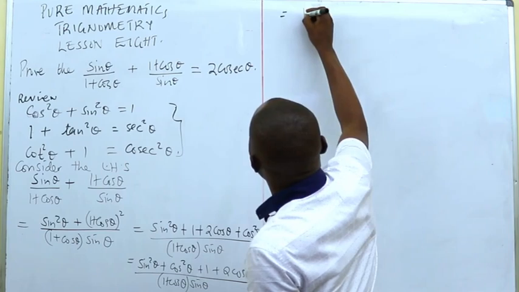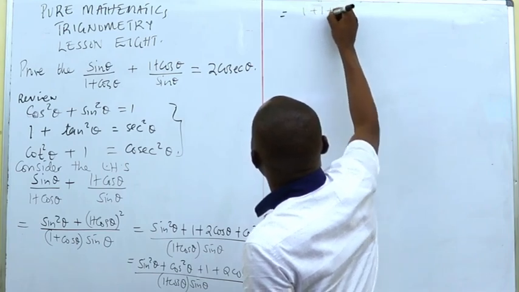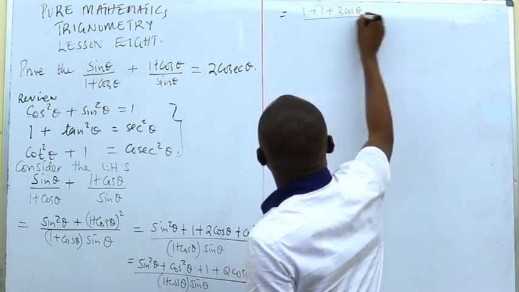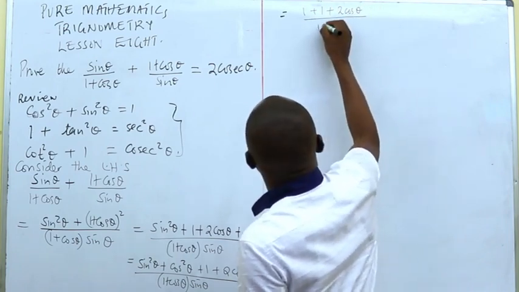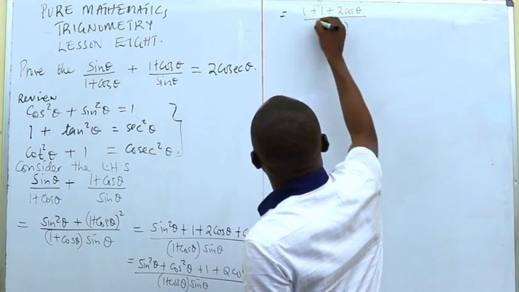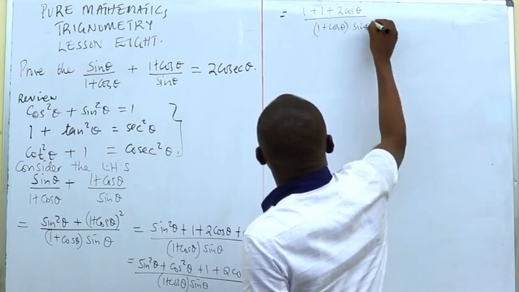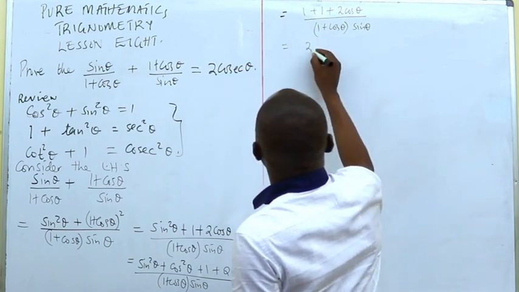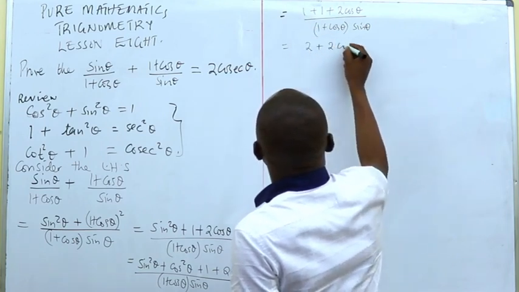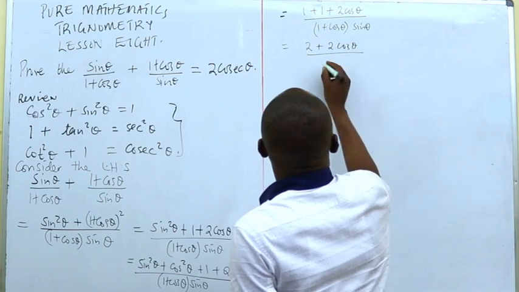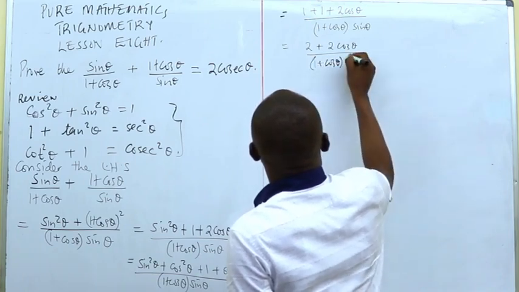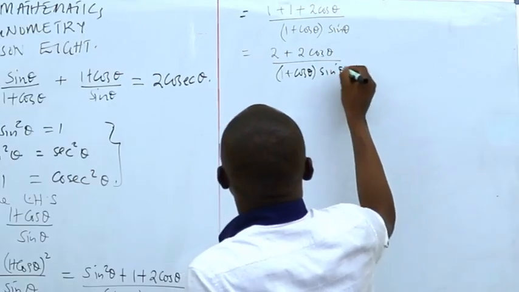So we have 1 plus 1 plus 2 cos theta over 1 plus cos theta into sine theta, which will be 1 plus 1 gives you 2, plus 2 cos theta all over 1 plus cos theta into sine theta.